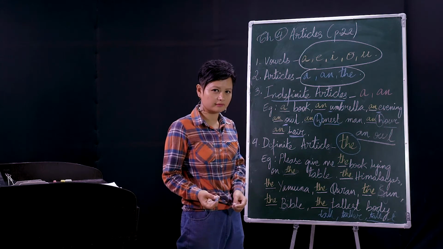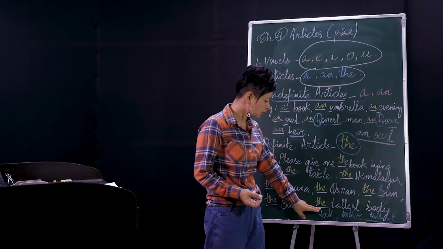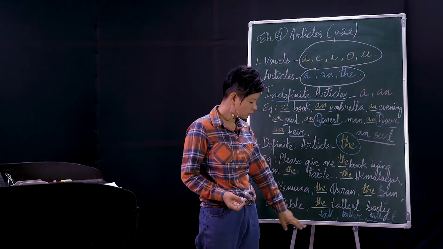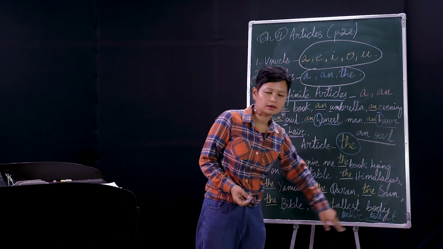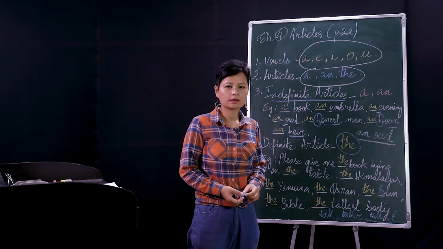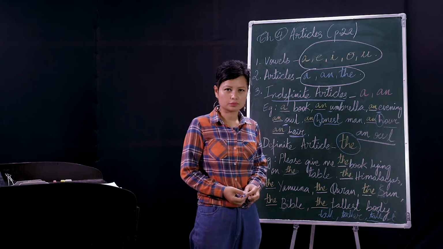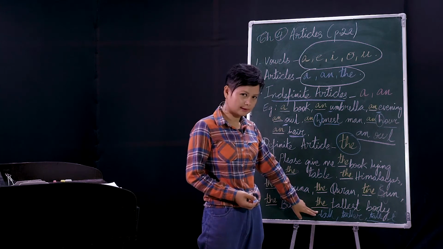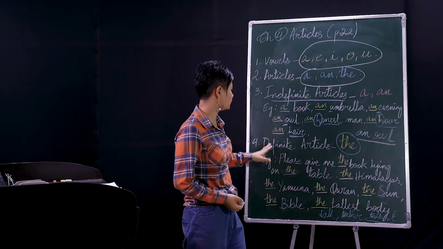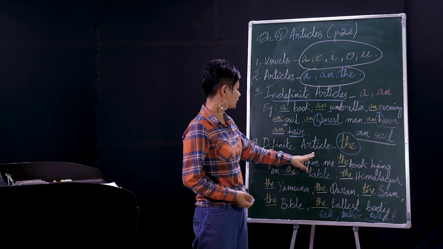That is called superlative degree, right? That is why we put the article the. So the tallest building, the strongest boy, the most beautiful girl, the best book. So we put the. I hope you're clear with the 3 rules under definite article.